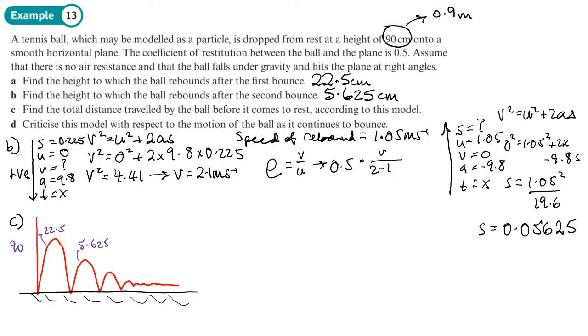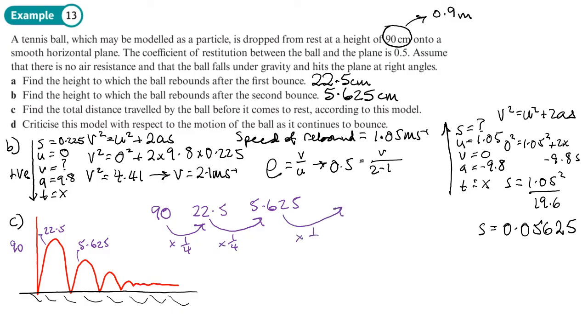So we want to find the sum of this. So what we should notice is that each time, 90 is the first height, 22.5 the second height, then 5.625 the third height. Each time it's a quarter of the previous height. Yeah, it's going down by a quarter.